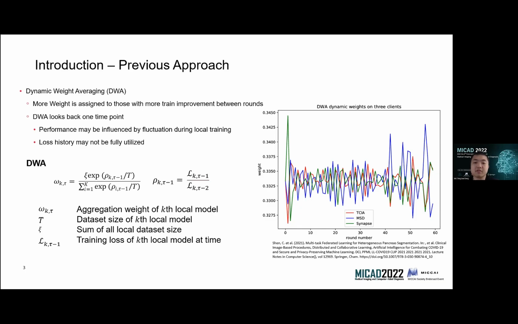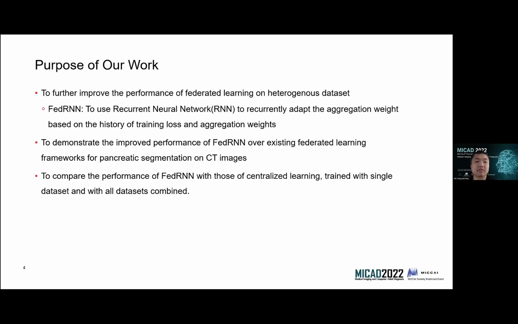Therefore, to better solve the heterogeneity issues, we summarize the purpose of our work as follows. First, we develop a new aggregation algorithm called FedRNN, which utilizes a recurrent neural network to take in the history of not only loss values, but also the corresponding aggregation weights to predict the optimal weight distribution.